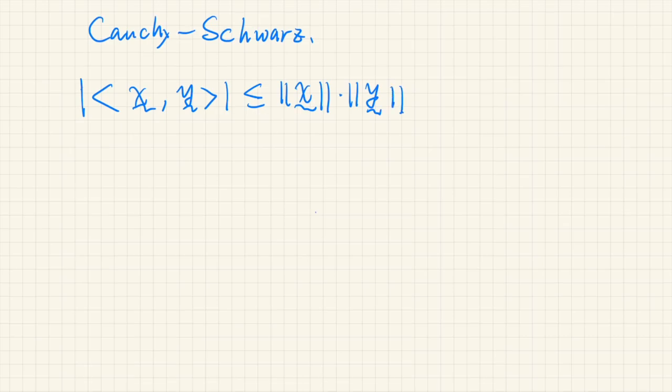The proof of this is just like usual. So let t be any real number, then we have this inequality: 0 is less than or equal to the norm squared of t times x plus y.